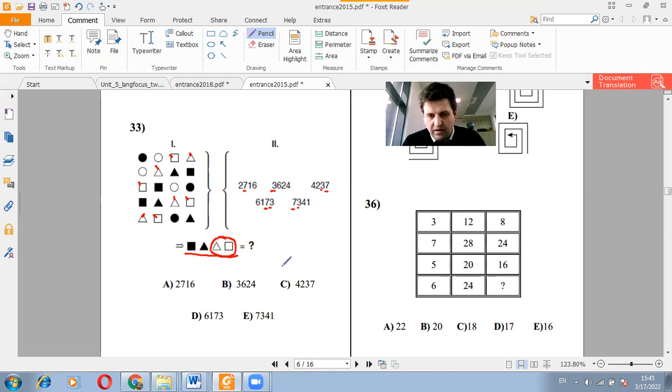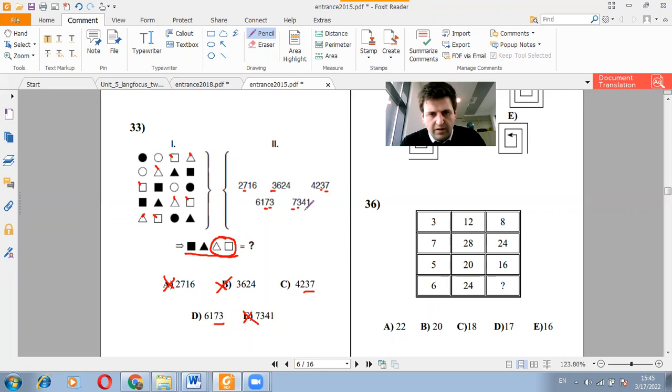And obviously we can eliminate some wrong choices here. A, B, and D are wrong because we have 3, 7 or 7, 3 here. So it's either C or D. And then we are looking for a black square and a black triangle. Luckily their positions are different in different places. At the beginning, as the first digit, we don't have a black triangle. So we are looking for a number that repeats itself 3 times and it's not at the beginning.